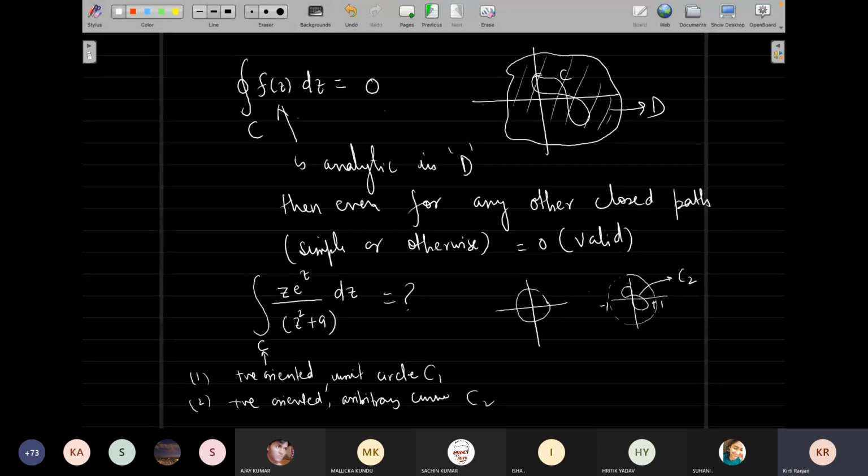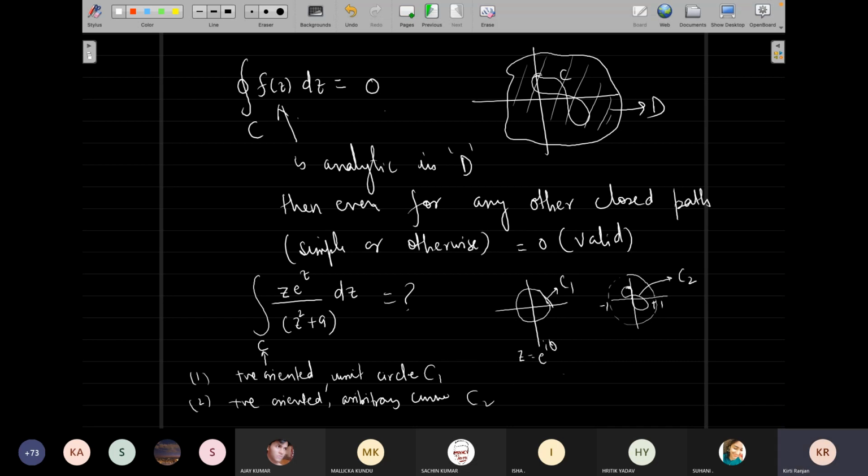Now I have drawn two paths. One is my C1, which is the positive oriented unit circle, so z is equal to e to the i theta. And another is not a simple path since it is crossing itself. So I ask you to give me the result for these two.